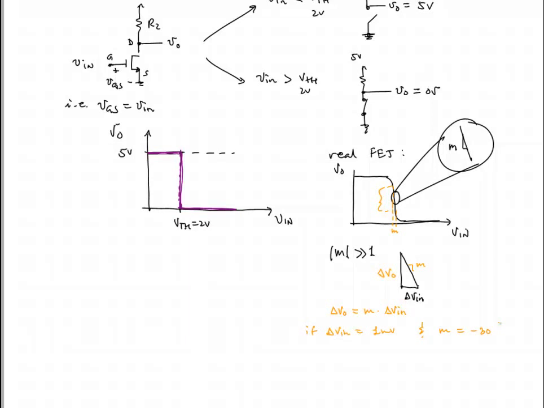As we move to the right, it decreases. Then delta VO would be equal to minus 30 millivolts. Never mind the sign. The important point is that you put in a 1 millivolt change and you get out 30 millivolts. This is fabulous. This is really remarkable.